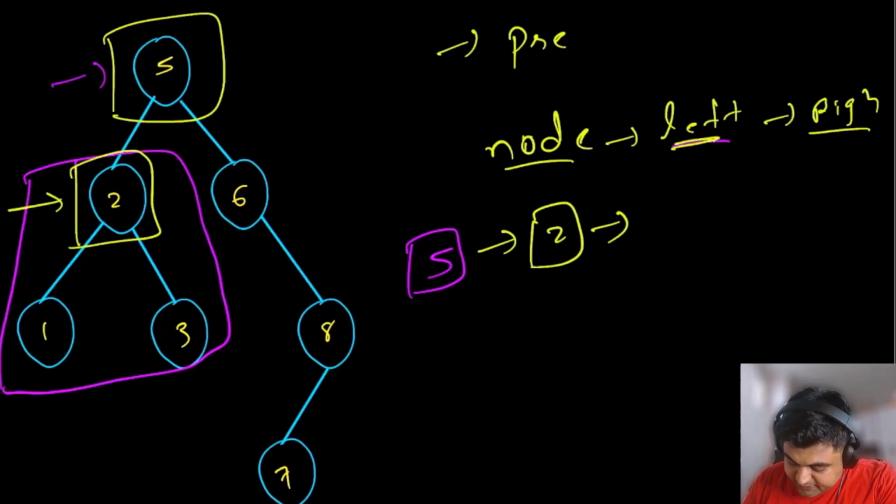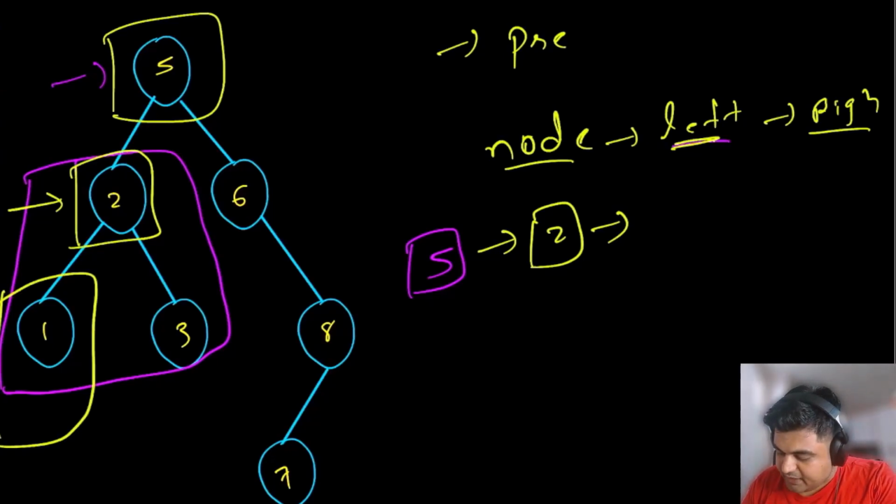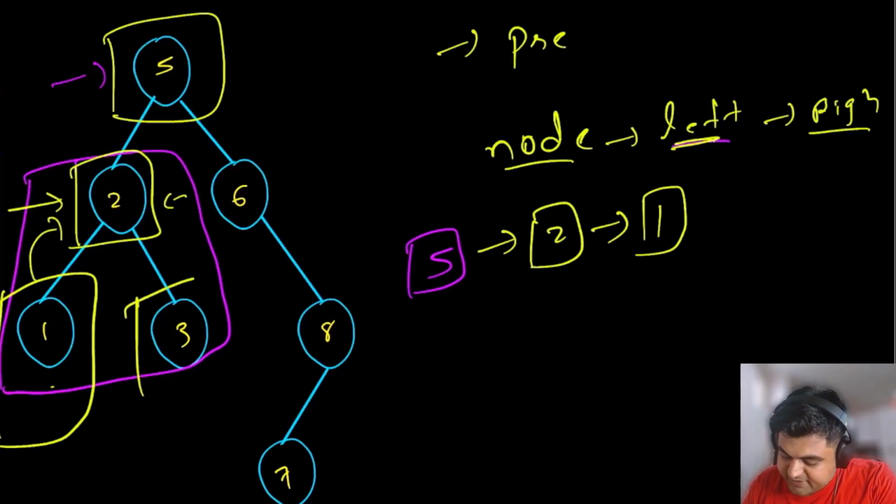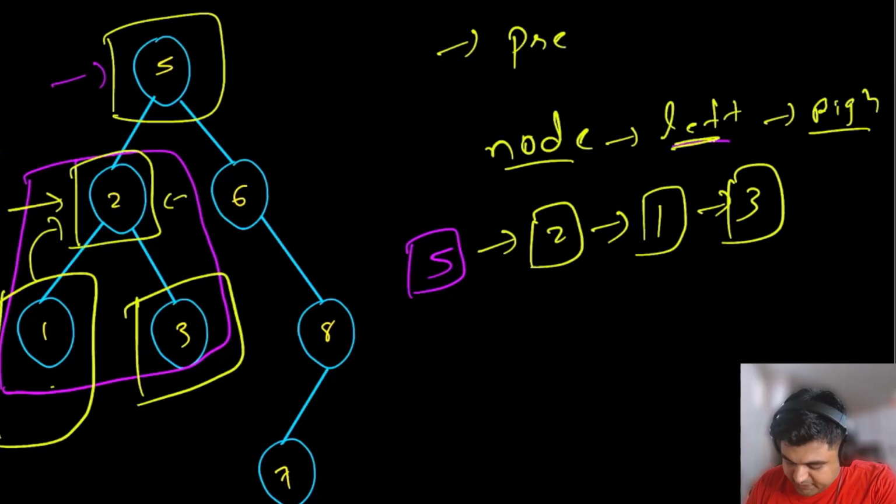Its left subtree only has one node, so we visit node number 1 after that. After visiting node number 1, we backtrack. Then for node number 2 that we have already visited, we haven't visited its right subtree, so that is what we do next. The next node we visit is node number 3.